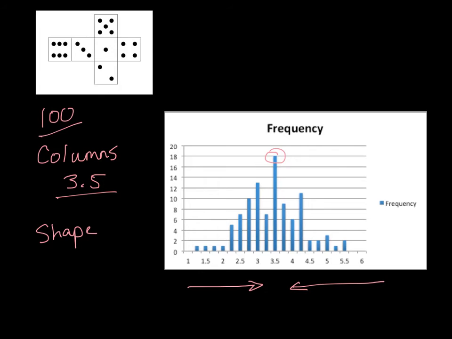However, while I'm not getting the numbers at the ends as much as the ones in the middle, they are still appearing. So let me draw the general shape of what this distribution looks like. I'm going to use a different color.